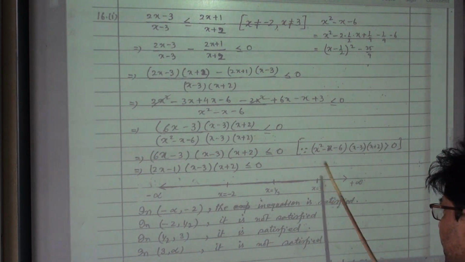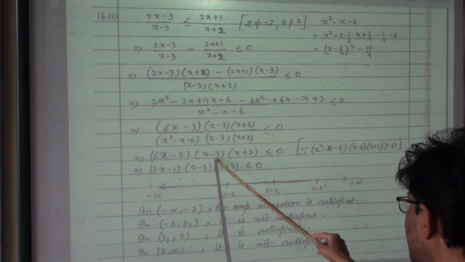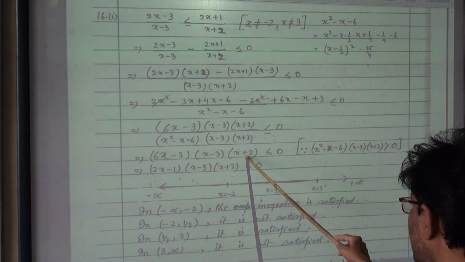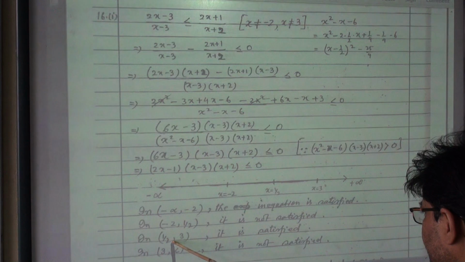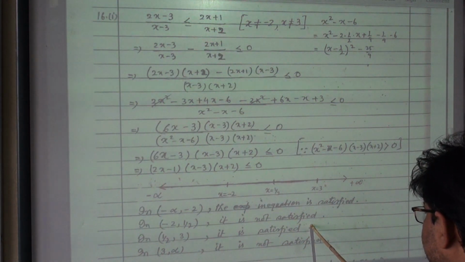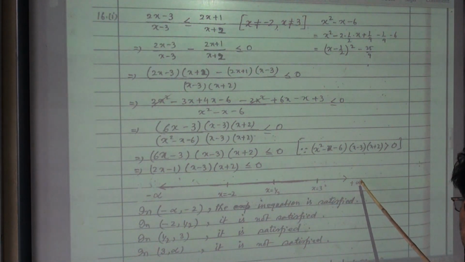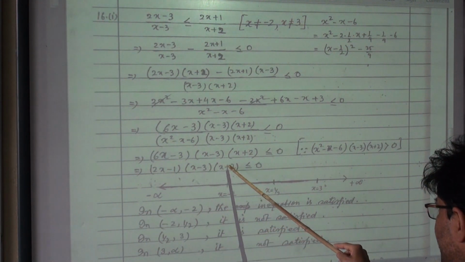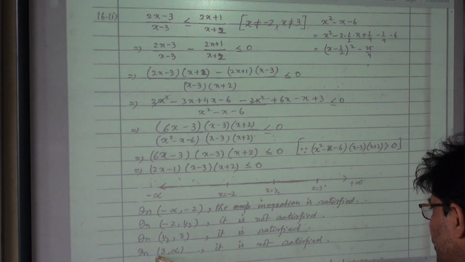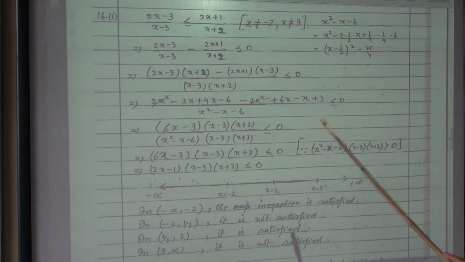If we replace x by 1, this is positive, this is negative, this is positive. So the total product is negative, satisfying. So in between half and 3 it is satisfied. In between 3 and infinity, suppose 4. Replace by 4, this is positive, this is positive, this is positive, so it is not satisfied.